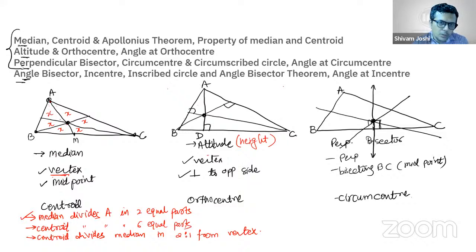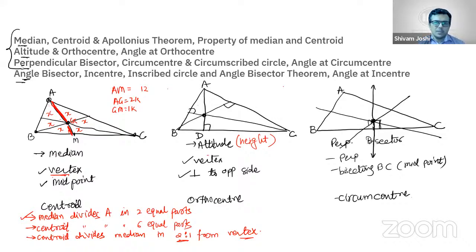So suppose your median is AM and this centroid is point G. If I tell you that AM is 12 units long, then this AM gets divided in the ratio of 2:1 from the vertex, which means this part has to be two parts and this part has to be one part. So you can take it as 2K and 1K, right? So AG is 2K and GM is 1K. This is how it gets divided in 2:1.